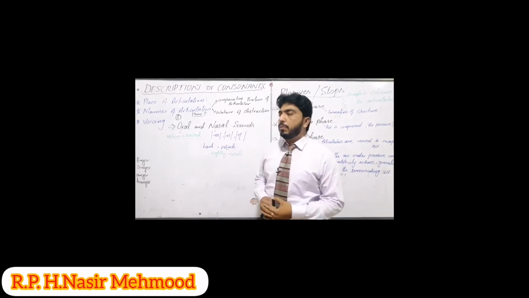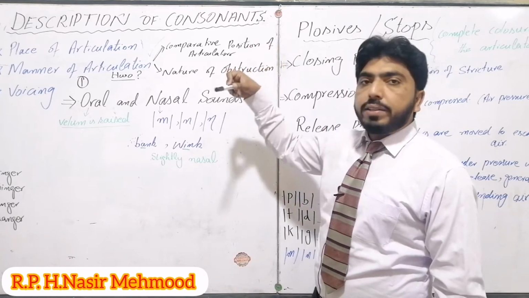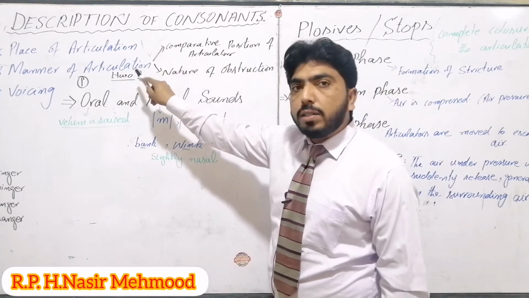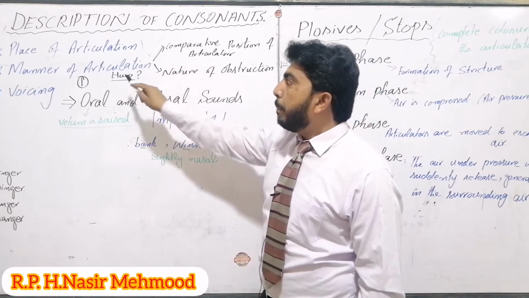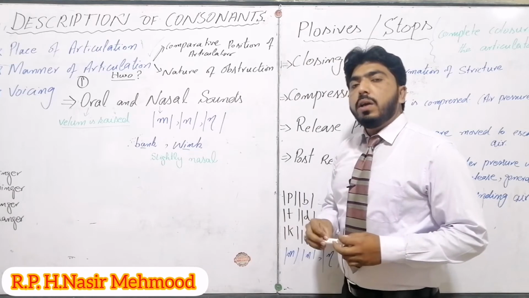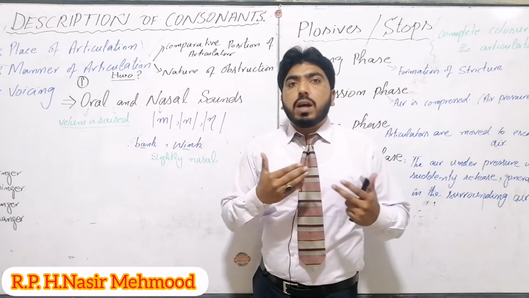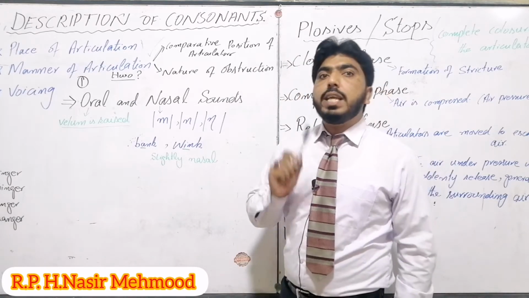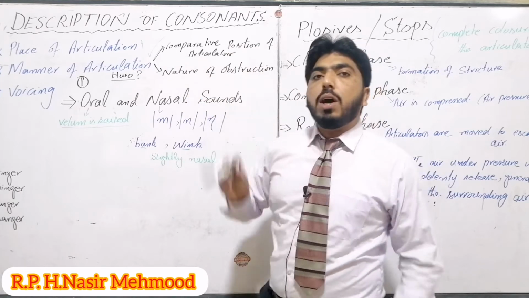In this video I am going to discuss the description of consonants. In the previous lecture I talked about the place of articulation, and in this video I will focus on manner of articulation. Manner of articulation means how consonant sounds are produced, and you need to keep in mind two points: the comparative position of articulators.